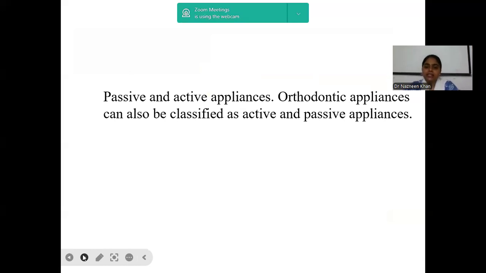जो ऑर्थोडोंटिक अप्लायंसेस होते हैं हम उनको दो तरीके से क्लासिफाई कर सकते हैं, एक्टिव एंड पैसिव.